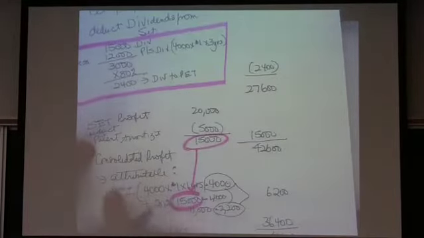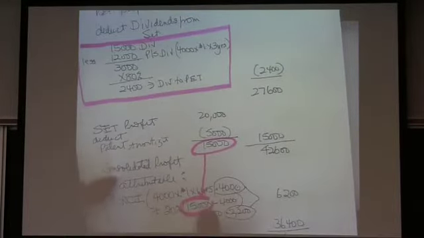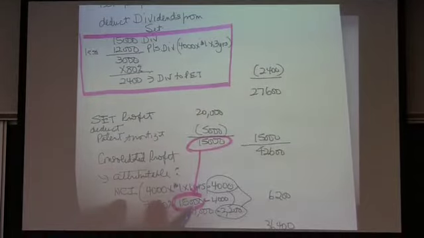So let's calculate NCI, income statement. Okay, and I thought we did that already indirectly, didn't we? That's this number here. Okay, that's the 6,200. So we know that we've done that already. So let's do it anyway.